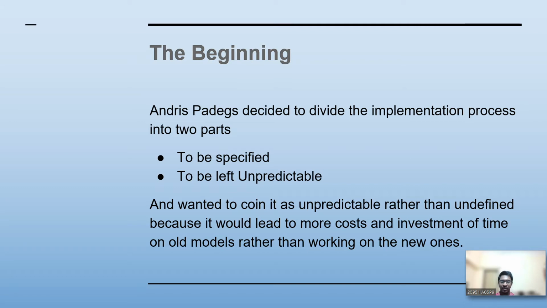Developing the old models from time to time would lead to getting behind in the race, which could lead to the company shutting down or going bankrupt, because they're not keeping up with the evolving technologies. That's how they divided the implementation process into specified and unpredictable.